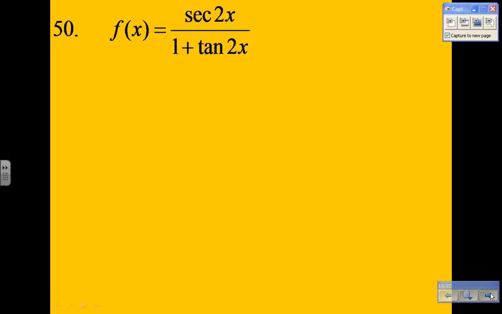Yes. Focus. Secant of 2x divided by 1 plus tangent of 2x. Like I said, you could have sledged it out, or you could just take the derivative and go with the quotient rule. Kaylee, what's the derivative of secant of 2x?